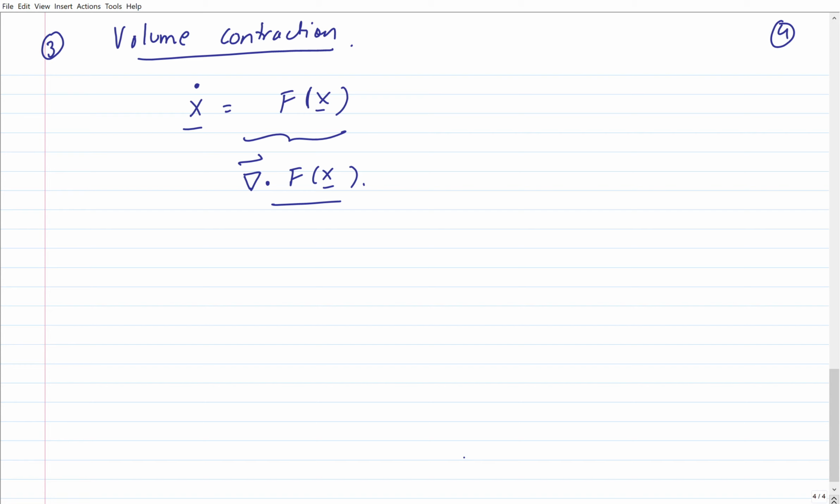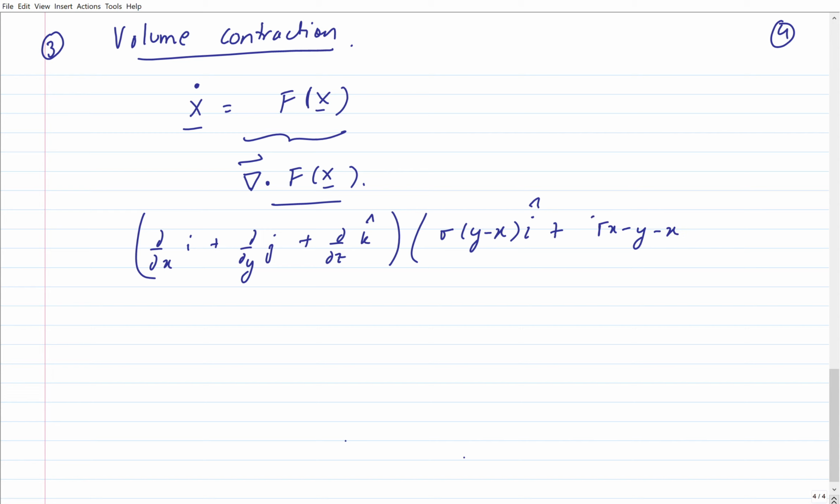So let's say calculating the divergence, which is less than 0.